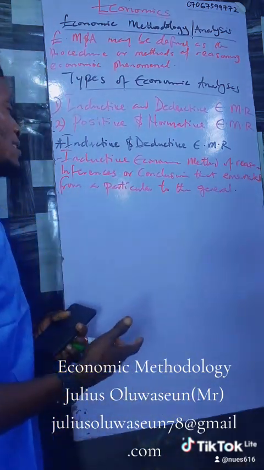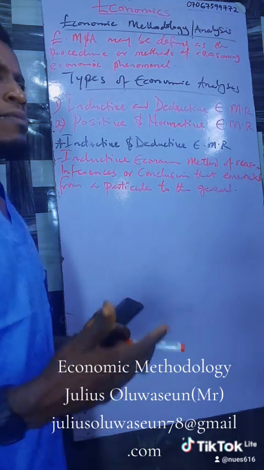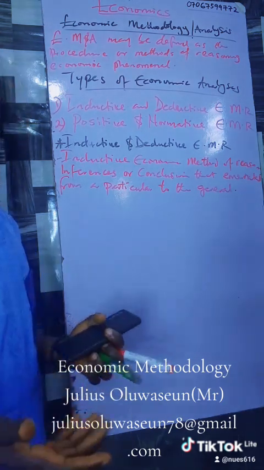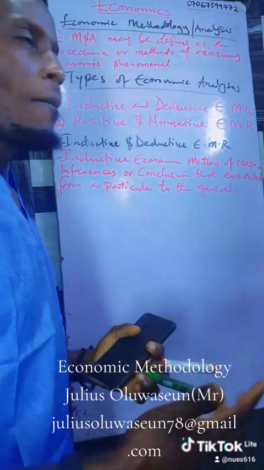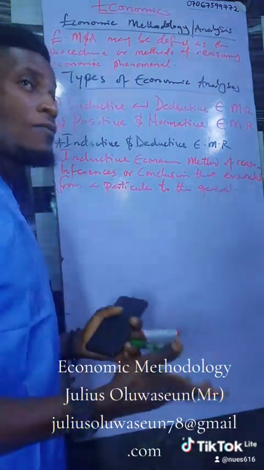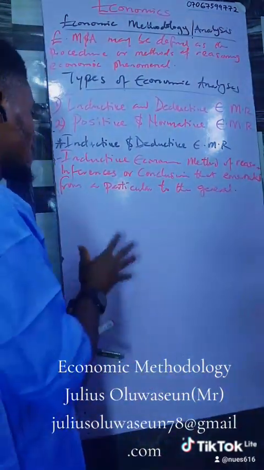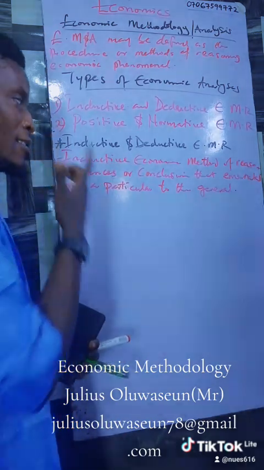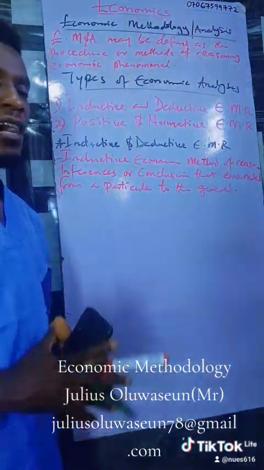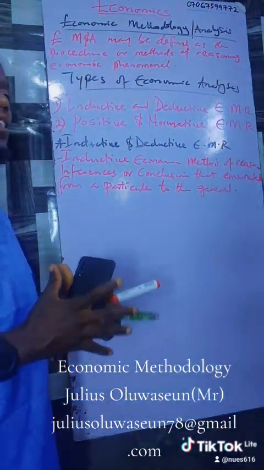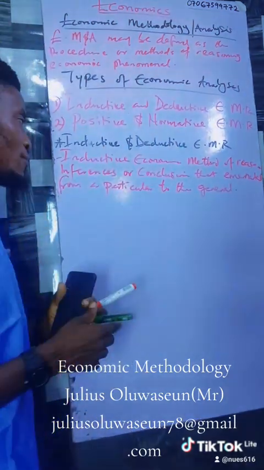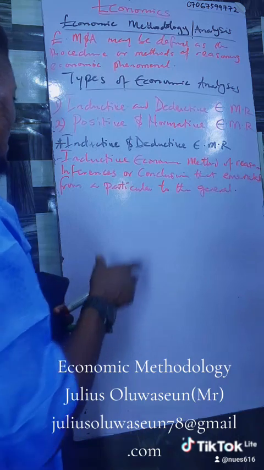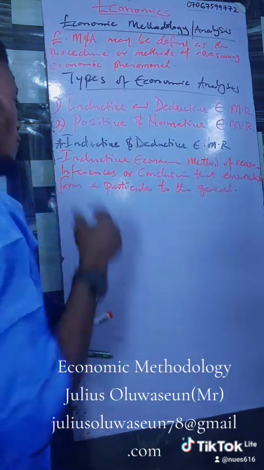Another example is that of Adam Smith's absolute advantage, and likewise David Ricardo's comparative advantage. So those are examples under what? Under inductive economics method of reasoning. There is a kind of inference that a single person perceives that it is right, which other people have now accepted to be right. That is inductive economics method of reasoning.